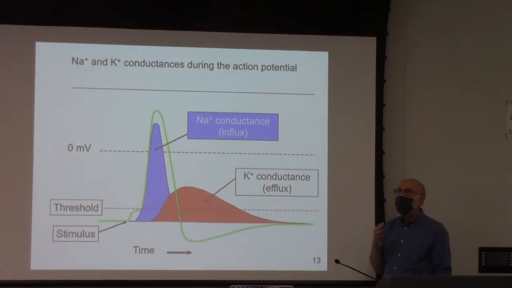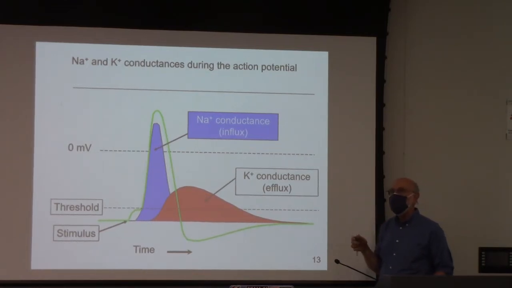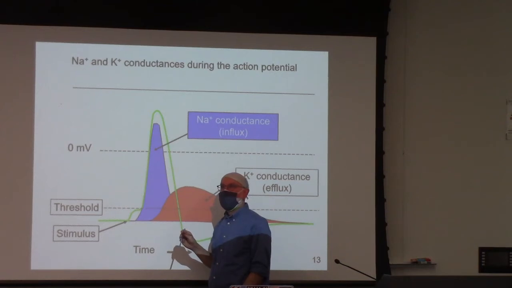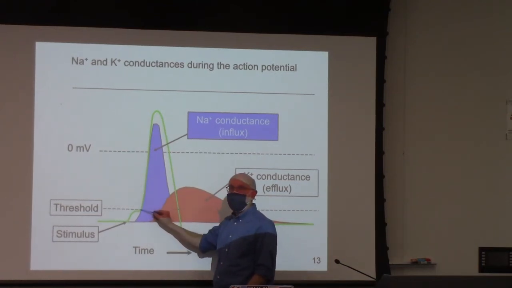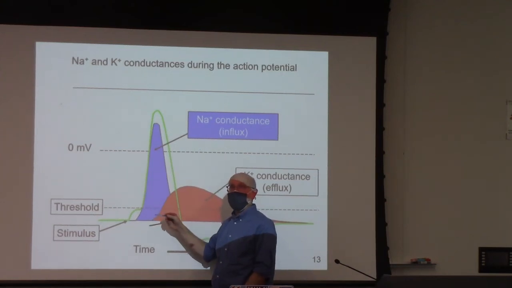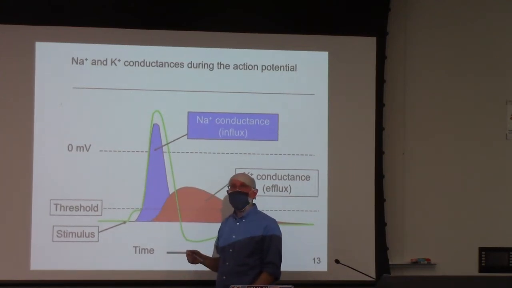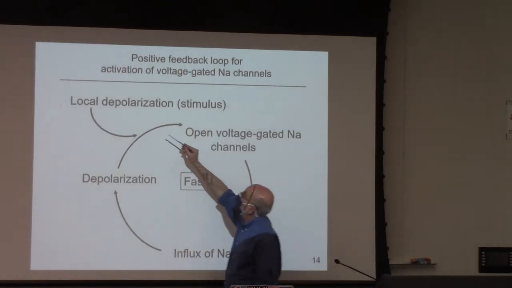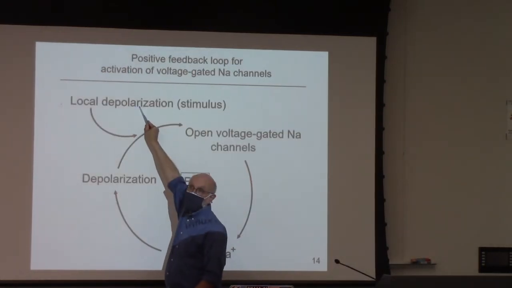So let's go through these positive feedback loops. What I want you to remember is that voltage-gated sodium channels are opened by depolarization, and then they cause more depolarization due to the sodium influx through them. So here is the stimulus.